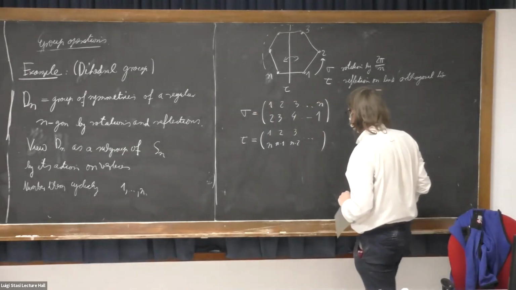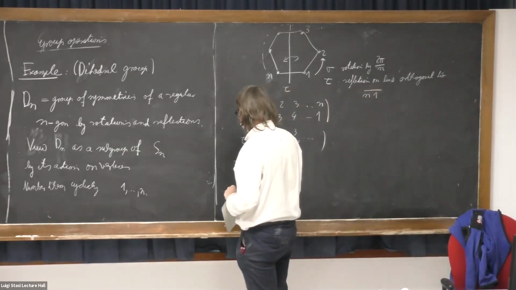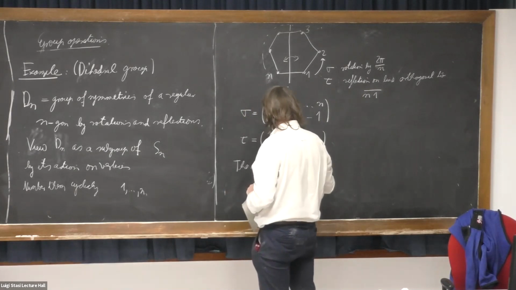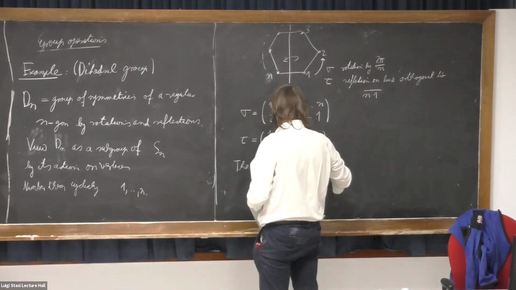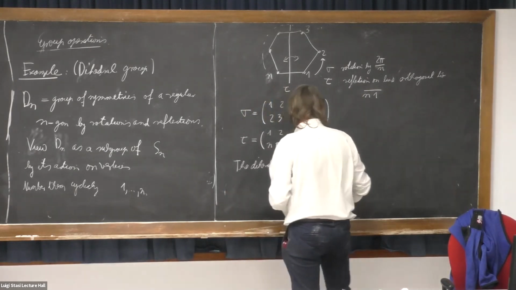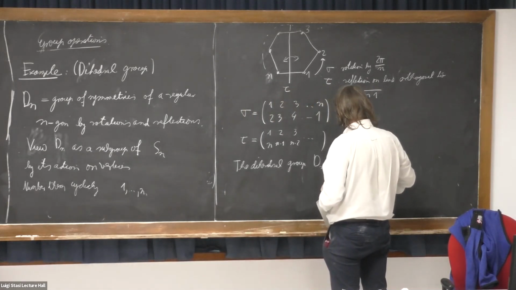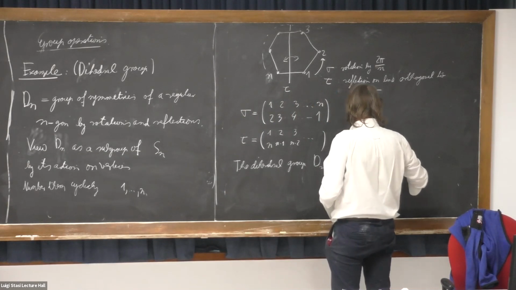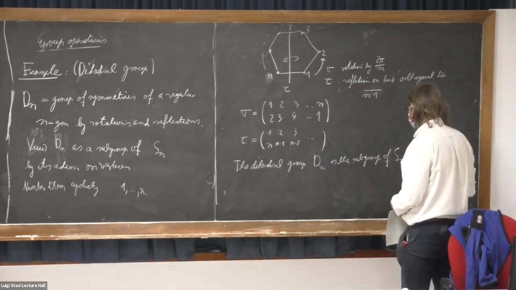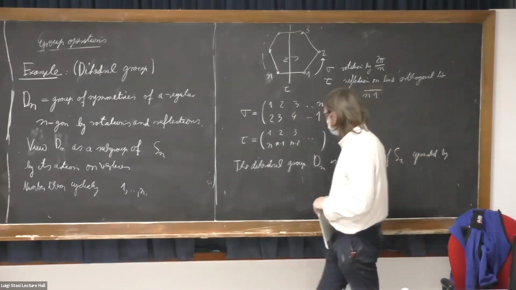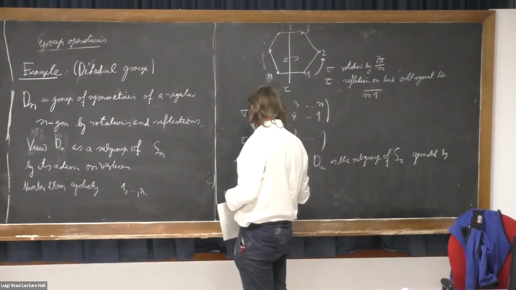So thus the dihedral group D_n is a subgroup of S_n which is generated by sigma and tau.